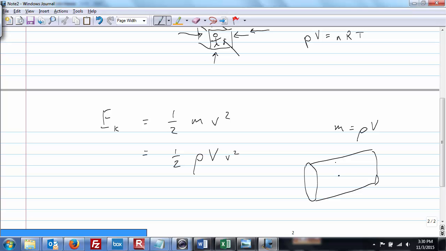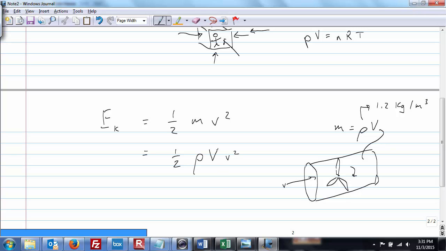Here's your turbine sitting inside here. This is little v for velocity. All of this in there is big V for volume. So just imagine a big cylinder of air blowing past this turbine, which of course is then spinning, and rho, in the case of air, is about 1.2 kilograms per cubic meter.